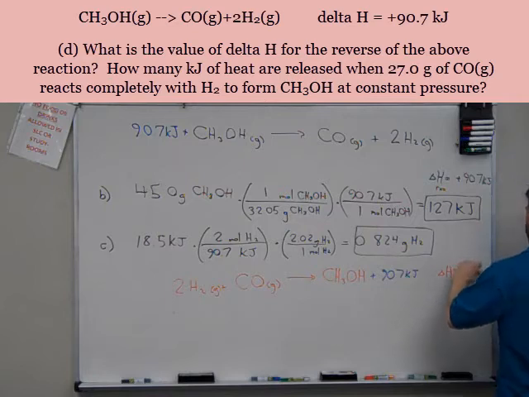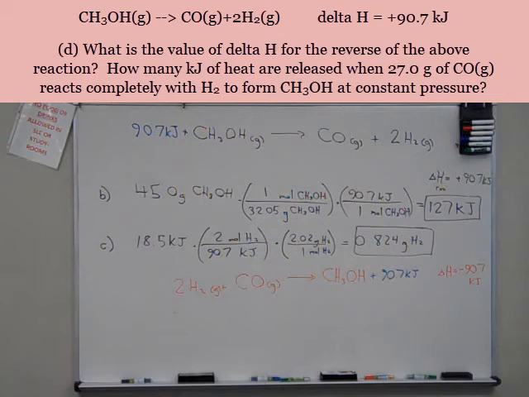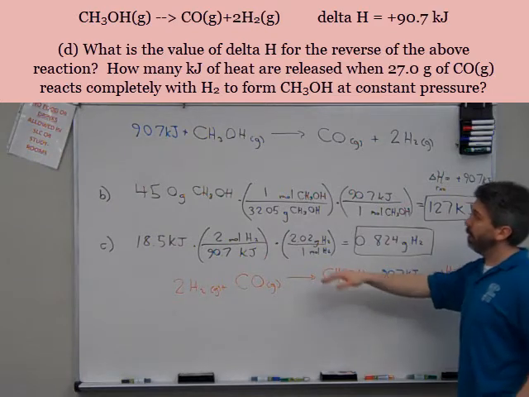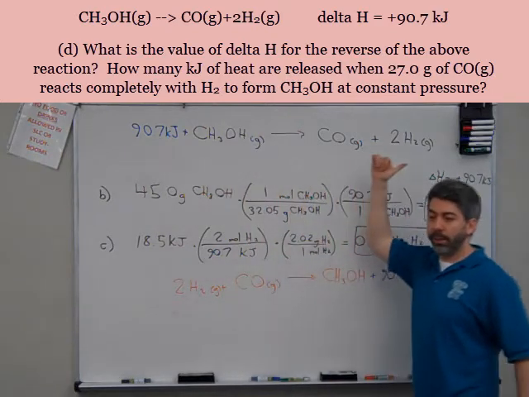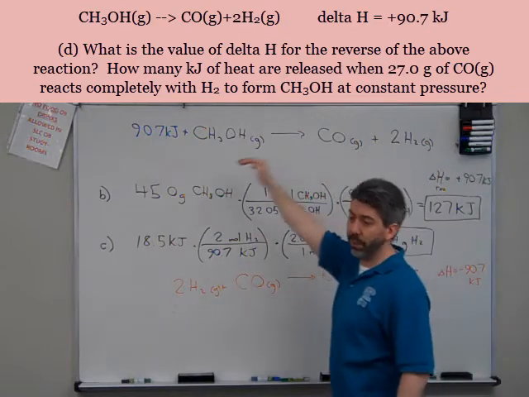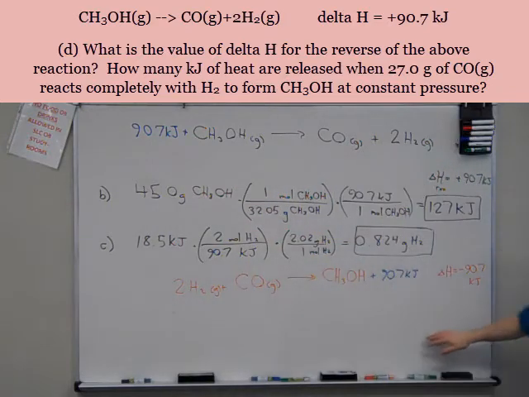Negative 90.7. When you flip a reaction, you flip the sign of delta H. And that makes sense, right? Because if you're going this way and it's absorbed, if you go the opposite way, it's released. And therefore, that would flip the sign of delta H. Cool.